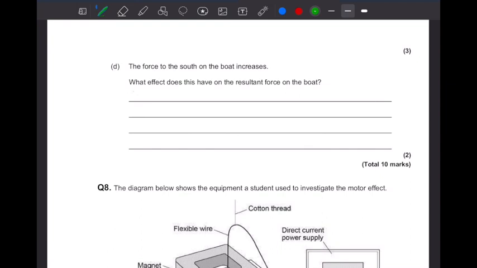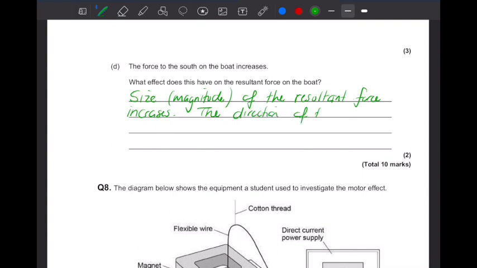So we're going to say the size, which is magnitude, of the resultant force increases, and the direction of the force is now more towards the south.